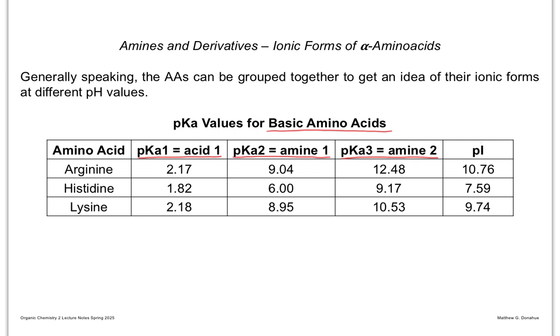Notice the pI values are shifted above the neutral value of pH 7, and then they'll vary based on the nature of that side chain. So remember, for arginine you had a guanidine side chain, for histidine you had the imidazole ring, and for lysine you had another amine.